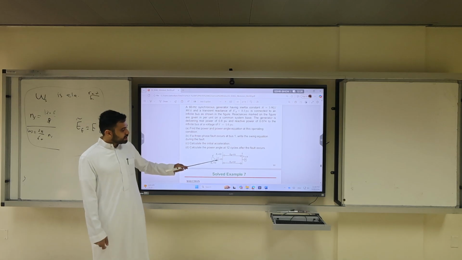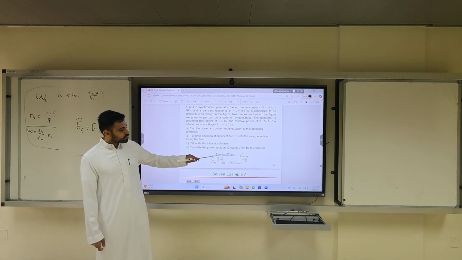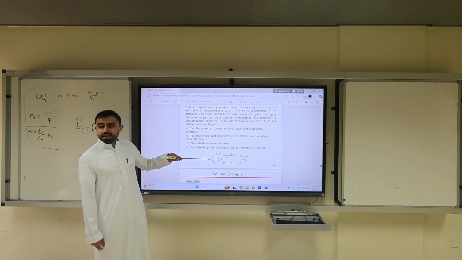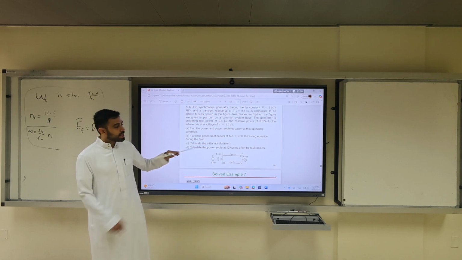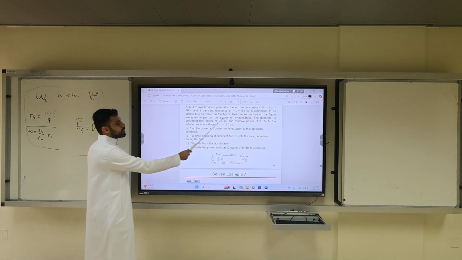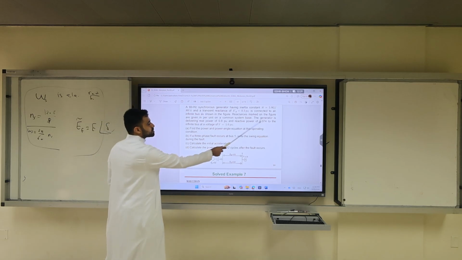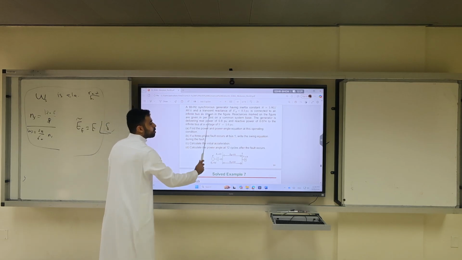So we have Xt for the transformer, Xd' for the generator, and 2 transmission lines. Xd' is inside the circuit. Reactance is marked in the figure in per unit. The generator is delivering real power 0.8 and reactive power 0.074. So is this rated or operating?